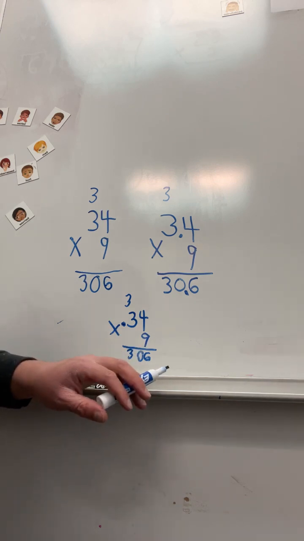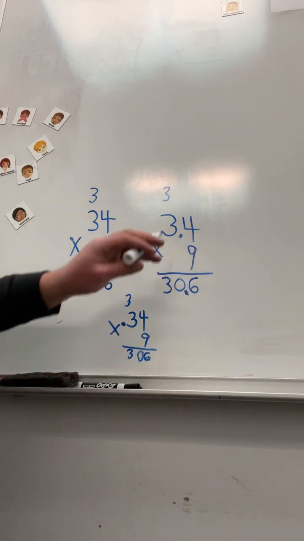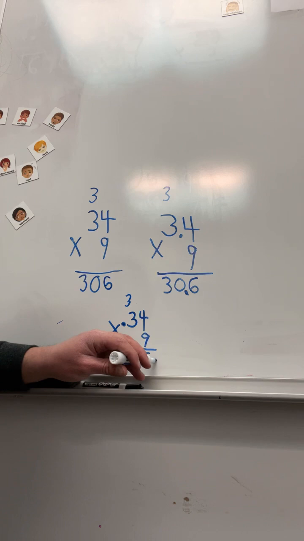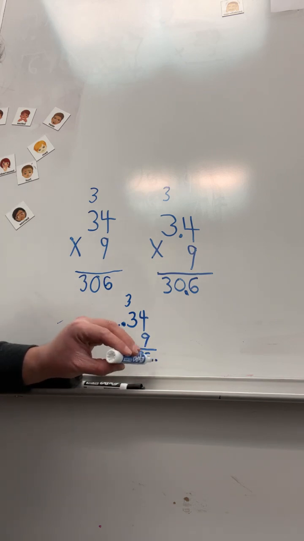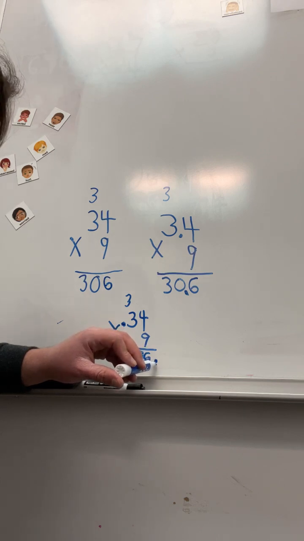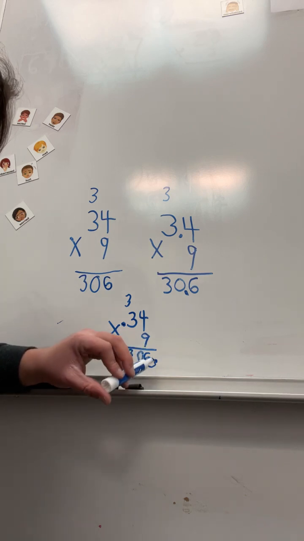Now, the last step, since the decimal point is in front of the 3 on this one, instead of moving the decimal point over one place, we have to move it over two places. So here we have the decimal point behind the 6, because unless you see it in between the numbers, it's always assumed to be behind all the numbers. We move it over one place in front of the 6. Now we're at 30.6.